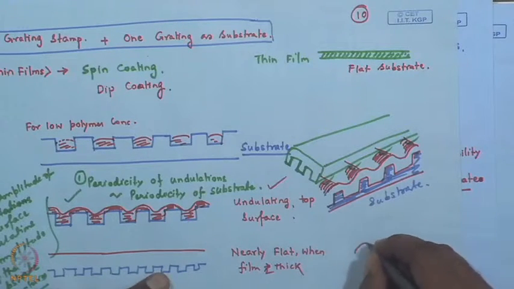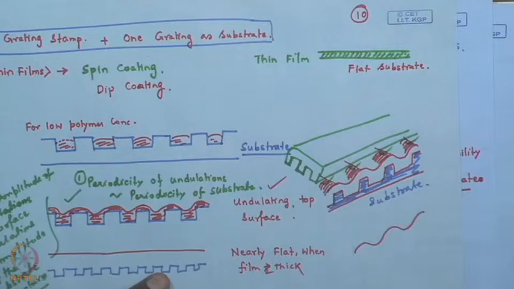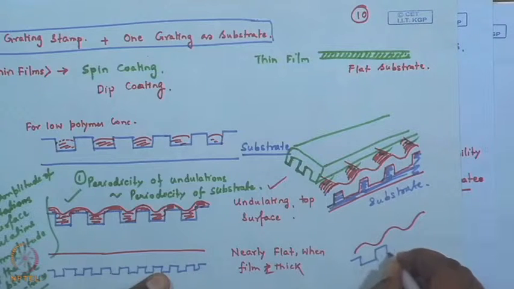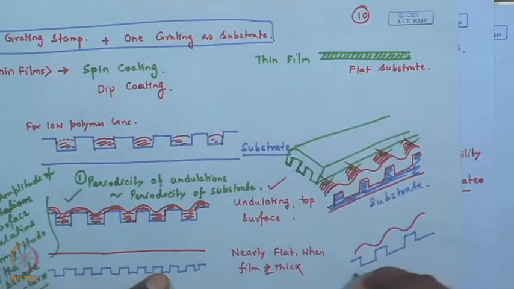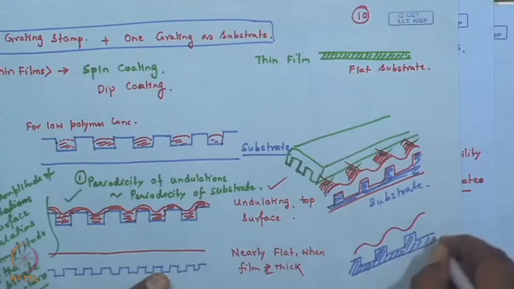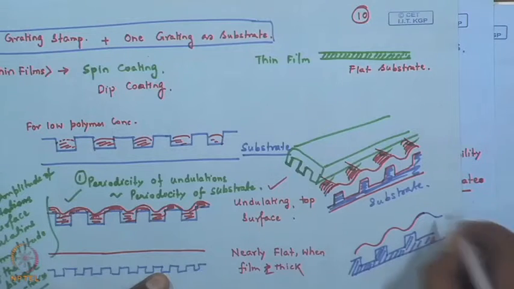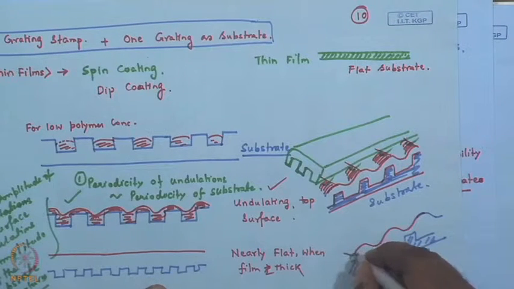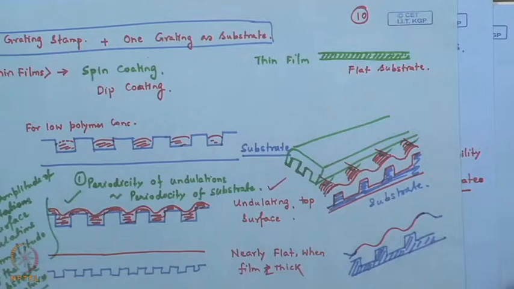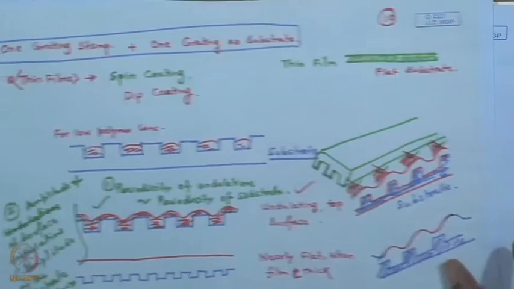So, the other possibility can be the film is like this. Okay. So, this is very very important, and this will also affect the final morphology of the final structures.